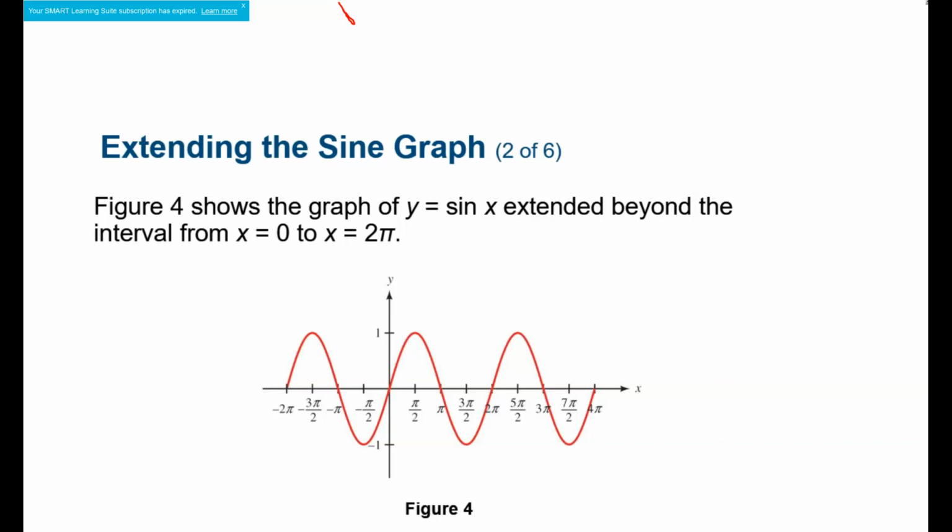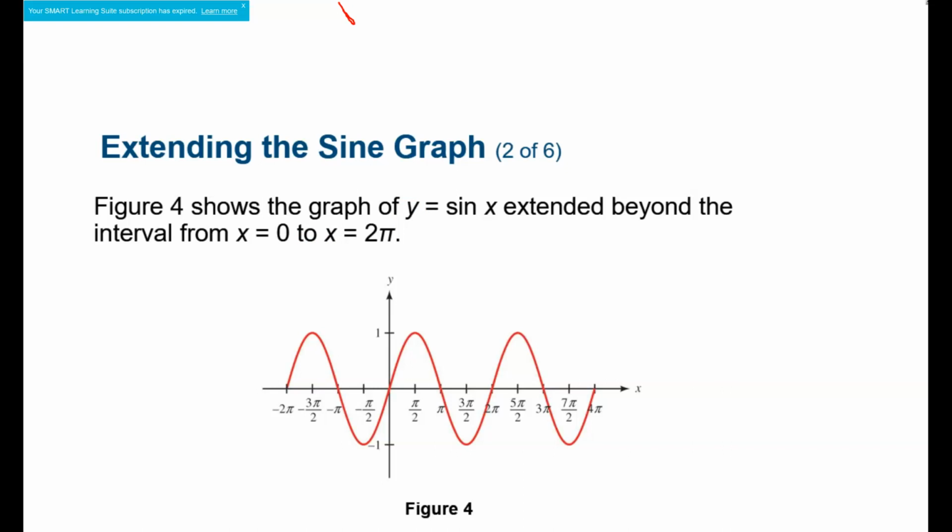Now the next definition is amplitude. If the greatest value of y is M and the least value of y is m, then the amplitude of the graph of y is defined to be 1/2 times the absolute value of capital M minus m. So in the case of the amplitude for y equals sine x, the greatest value y goes to is 1.